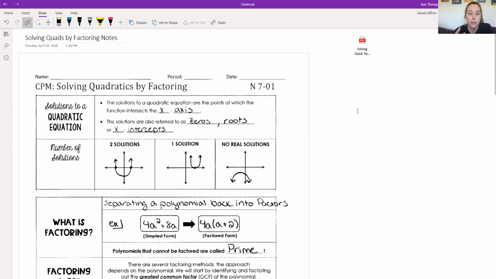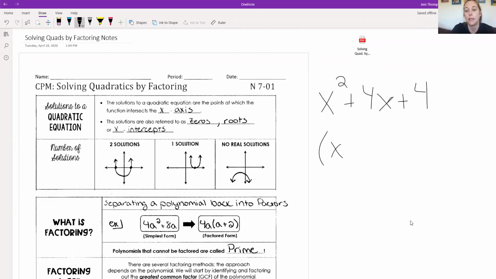I wanted to show this to you guys because it makes the point that when we're solving quadratic equations, let's do a quick example. Let's say we've got x squared plus 4x plus 4.